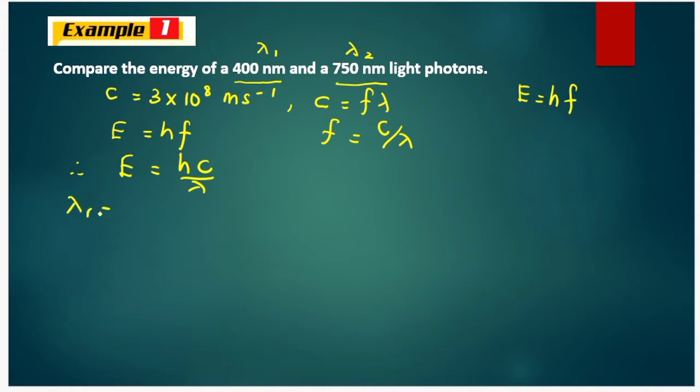For wavelength lambda 1 equals 400 nanometer, we can calculate the energy of photon as E1. So E1 equals hc divided by lambda 1.